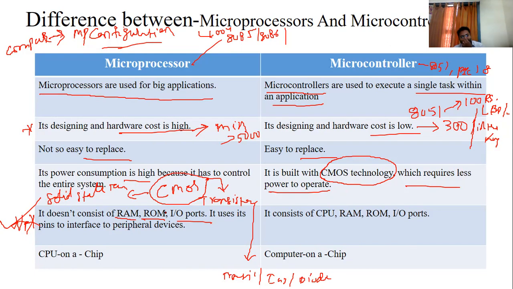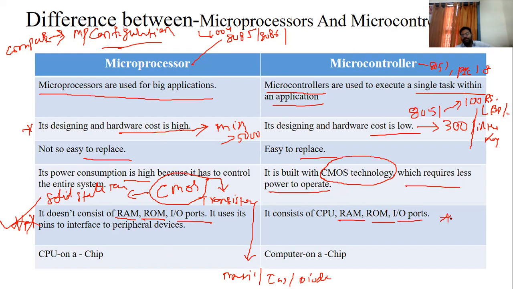Separately you can connect the ports as well as RAM, ROM, and an external hard disk. You can think of our laptop and desktop, where the internal memory is not available in the processor itself. But a microcontroller has RAM, ROM, and I/O ports available.